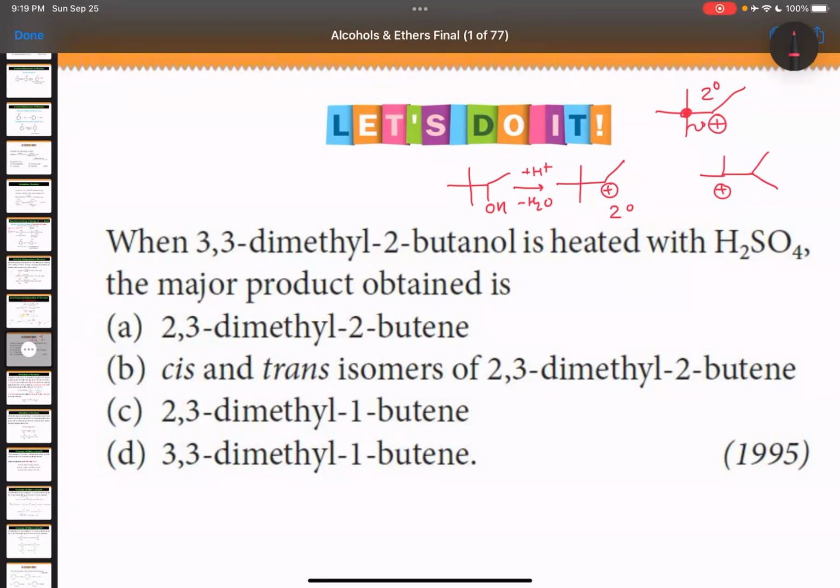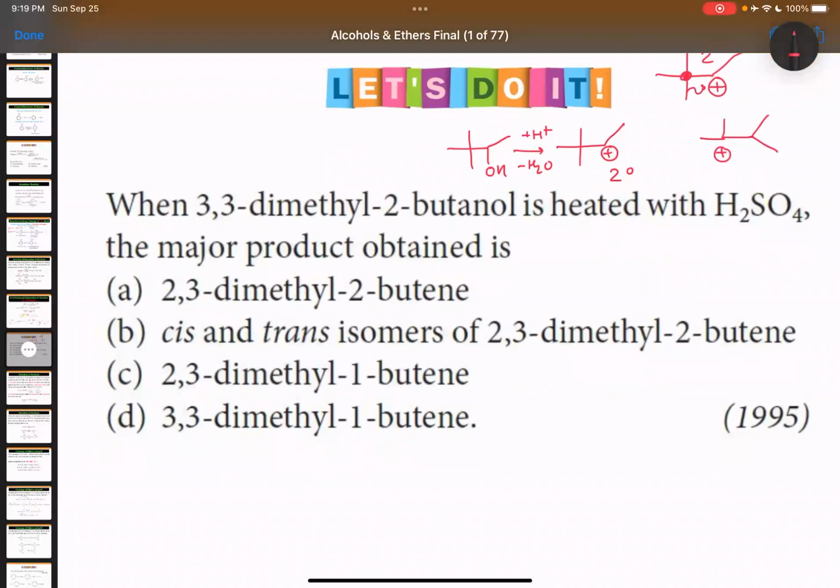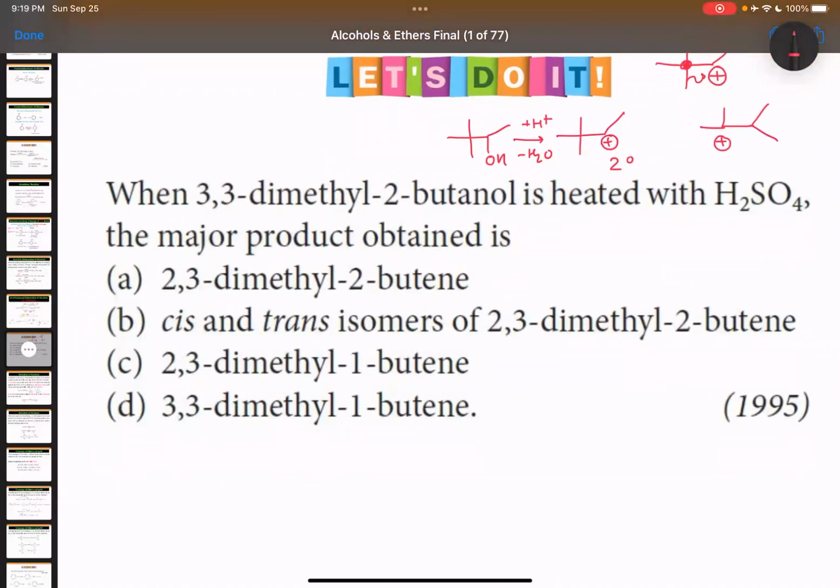And now you are going to make an alkene. This is the second thing. So this is the cation I'm going to write over here. You can remove H either from this side or from this side or from this side.